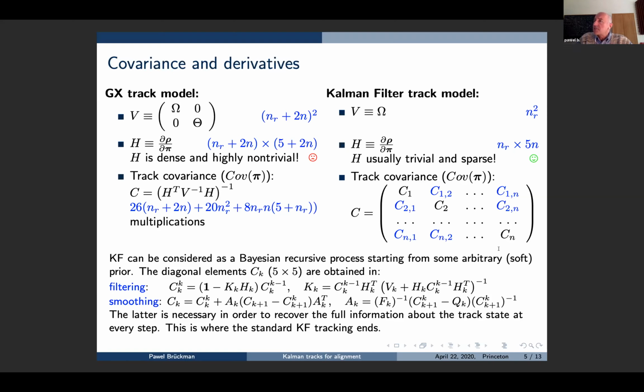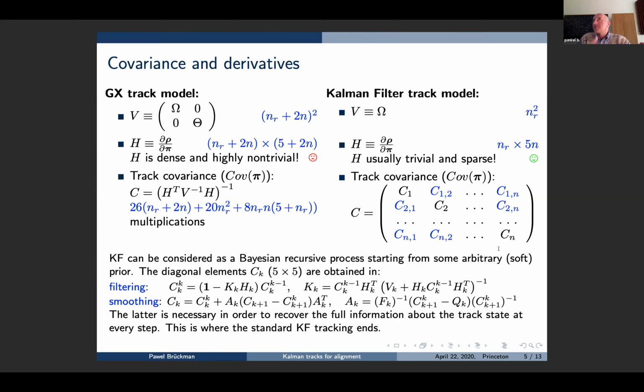The track covariance itself has larger dimensionality, 5n times 5n, because it basically correlates all the parameters of all the measurements on the track.